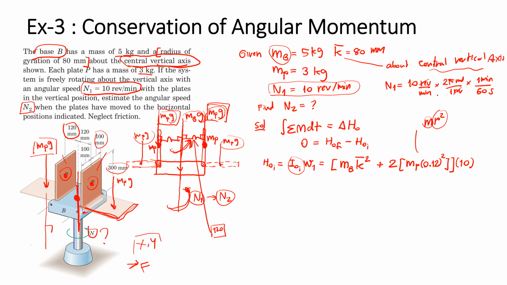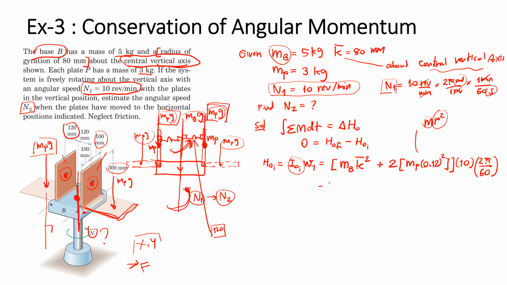So it means if we want to turn the rev per minute to the radian per sec, we need to multiply by 2 pi per 60.